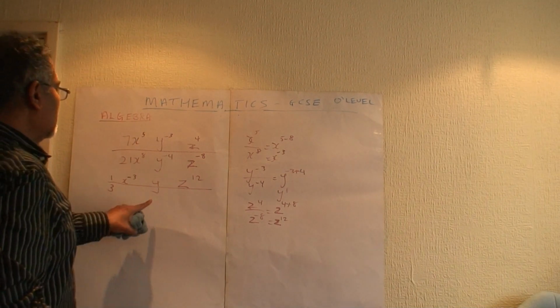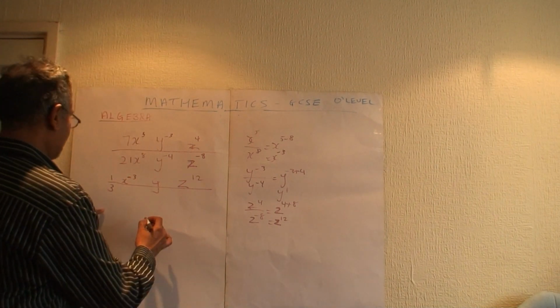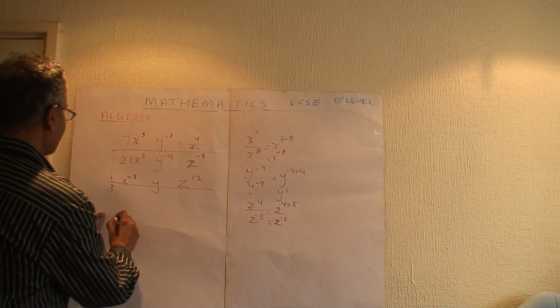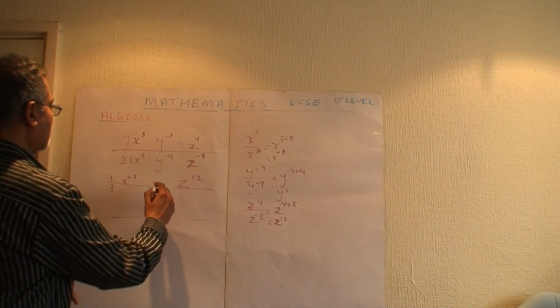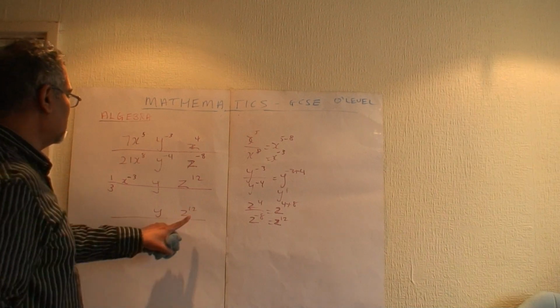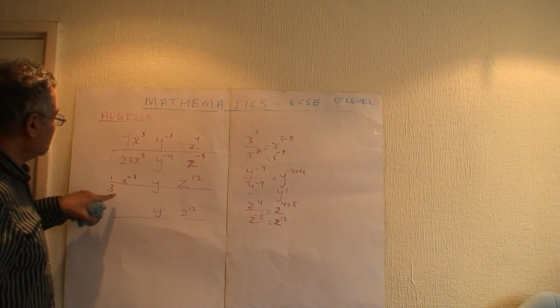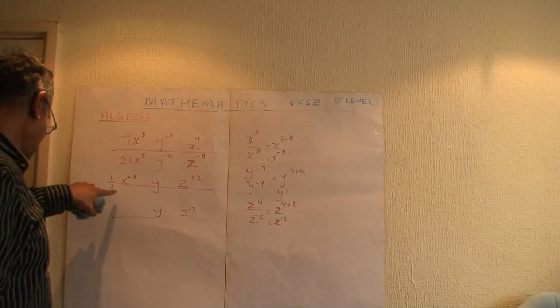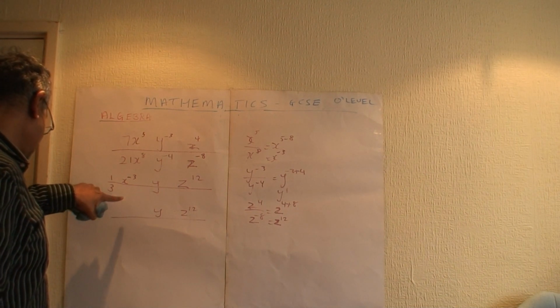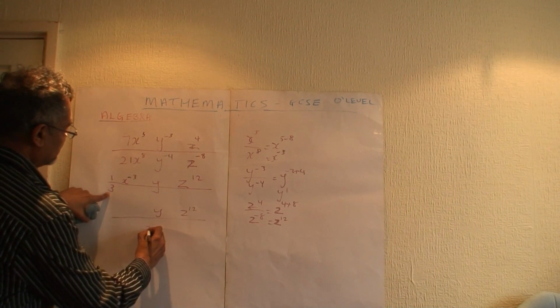Okay, so this could be simplified even further. So we got y already up here. We got z to the 12th power already there. Now this can be simplified even further. So we leave the 3 below the line. We leave the 3 here.